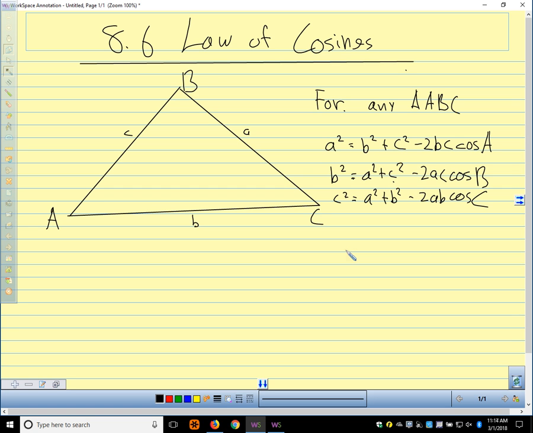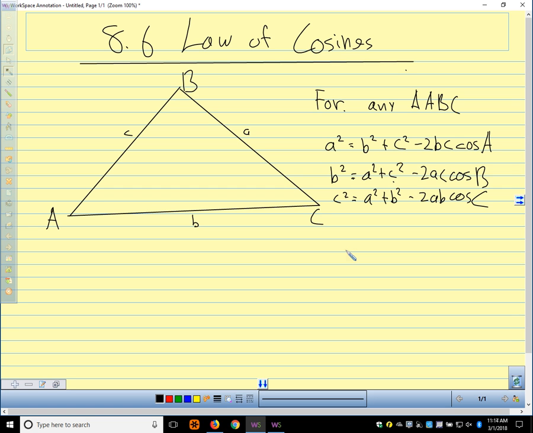So the side that we're looking for and the angle that's across from it are on opposite sides of the equation. If I have a squared on this side, the other sides on the right side of the equation are always b and c. There's a b squared, c squared, and a bc there. So this is the only place that side A shows up. These are all b's and c's. Here we have b squared. Now we have a's and c's.